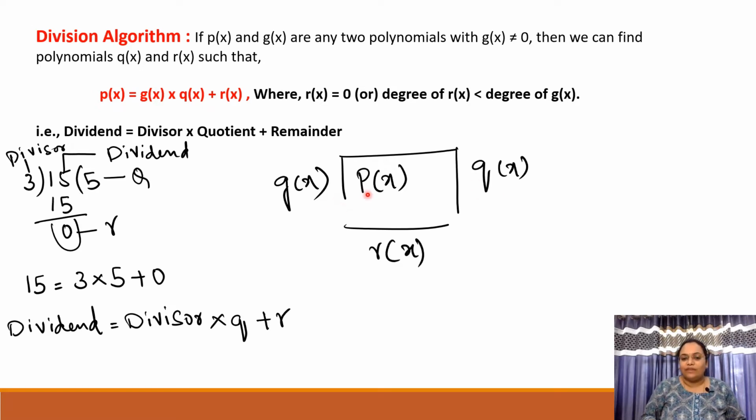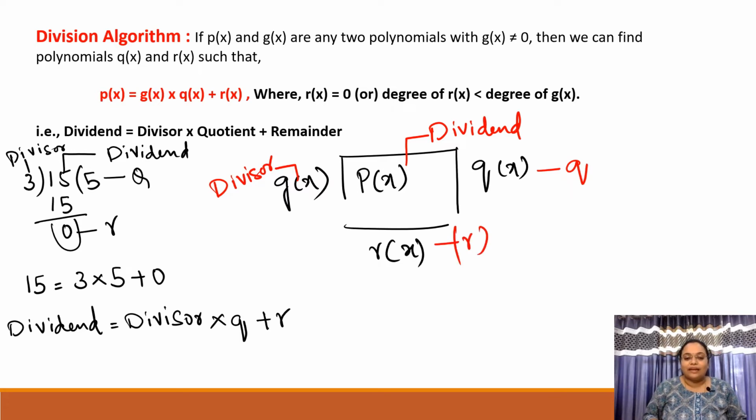This P of X is your dividend, G of X is your divisor, this is your quotient and this is your remainder. How do we write it in the Euclid's division lemma? That is P of X is equals to G of X into Q of X plus R of X.